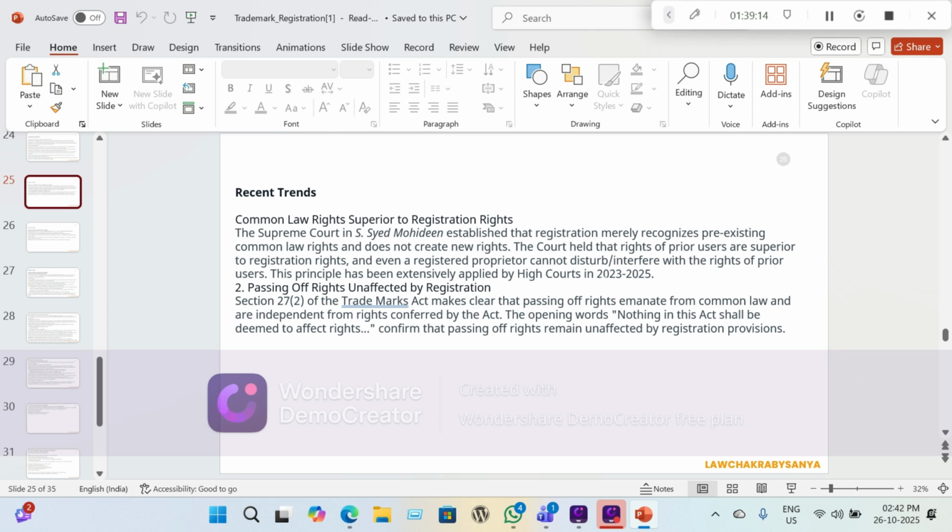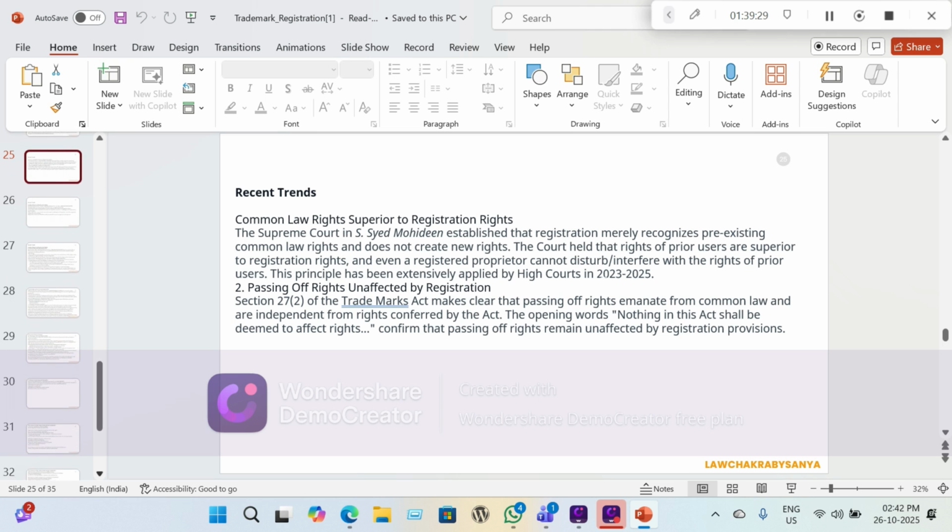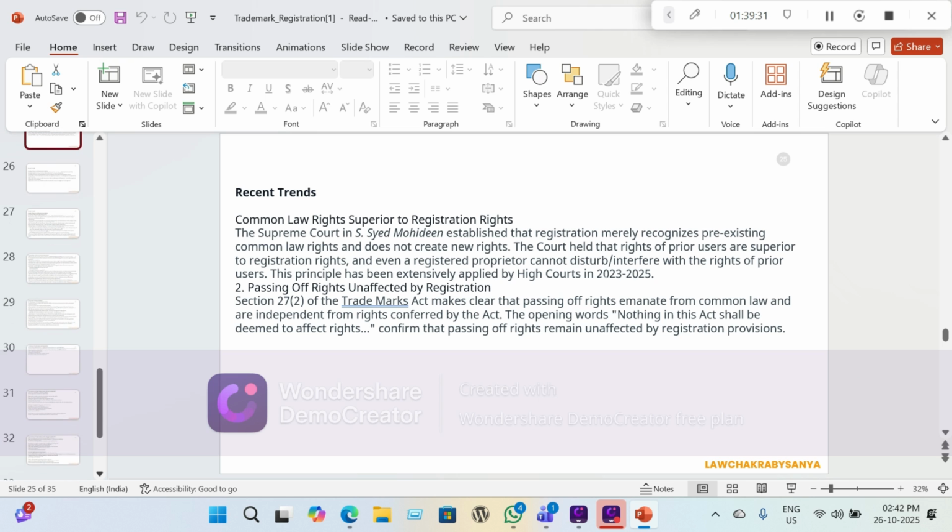Then you stand the risk of getting your application rejected because prior use is recognized a lot more now than it was earlier also. So even though we are a first to file system, but first to market doctrine has also been recognized. Then we go on to the next.